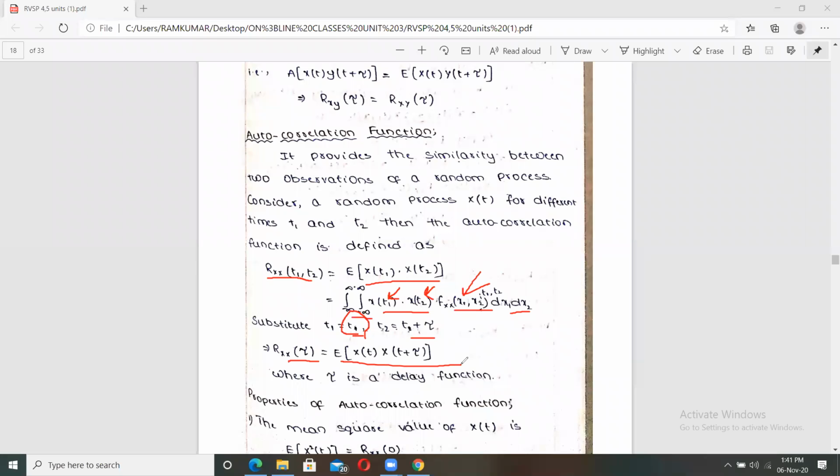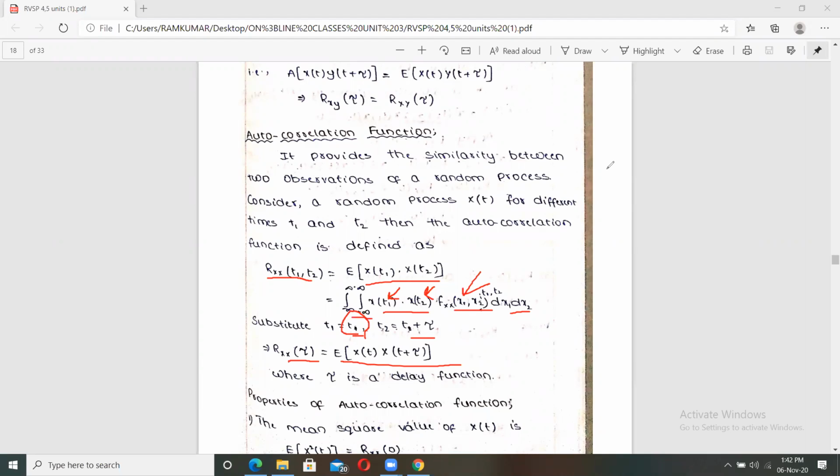In previous papers they also ask to define autocorrelation function and explain the properties of autocorrelation function. R suffix double x of tau equals E of x of t into x of t plus tau. This is the basic formula.